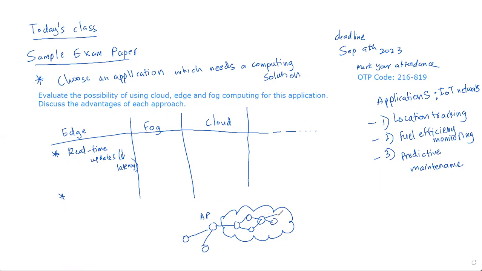So if there's some loss in network connectivity, edge computing will not be affected if the connectivity is reaching up to the access point. The connectivity in the intermediate locations up to the cloud server does not really matter, as long as the connection up to the access point where the edge server is located is maintained.